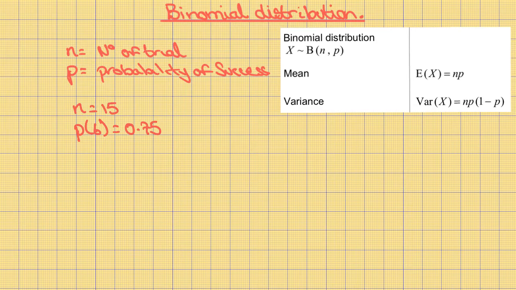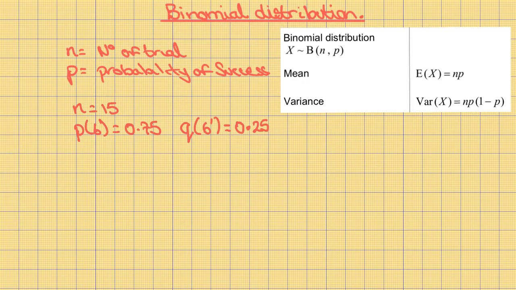So that is your success. So your failure, Q, will be the probability of not 6. And that will be equal to 1 minus 0.75, which is 0.25.